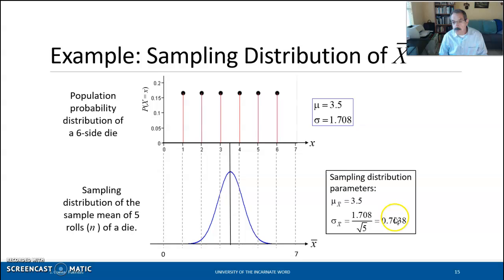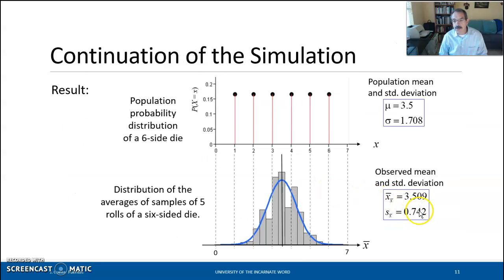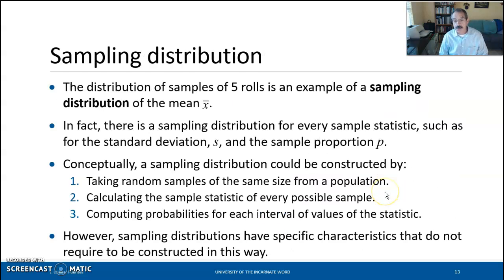And if you look at this 0.7638 and we go back to that histogram, you see that this standard deviation from 100 averages is pretty close. Both of these are pretty close to what would be expected from the theoretical sampling distribution.